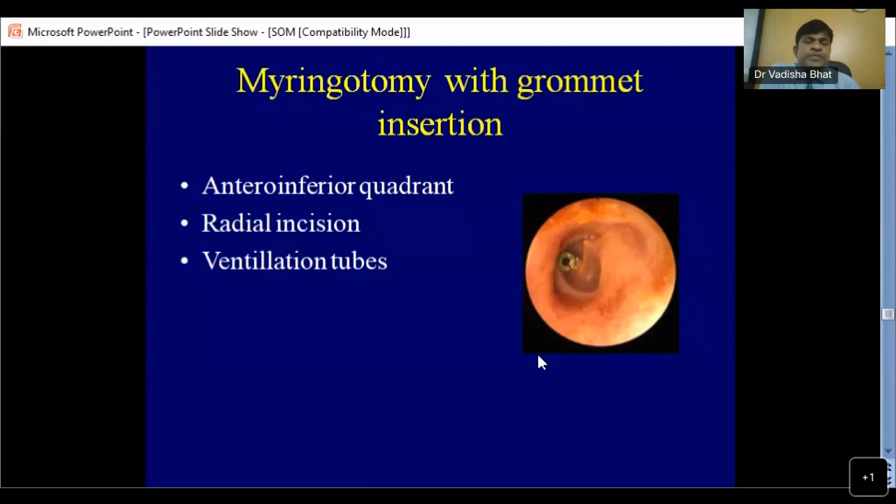There are reports that up to 95% of patients with cleft palate are likely to have eustachian dysfunction and serous otitis media as a sequel. And in spite of a very good repair of the cleft palate, 50% of them still continue to have serous otitis media. So that is really a challenging task, and in those kids, it is always advisable to have a grommet insertion during or subsequent to the cleft palate repair.